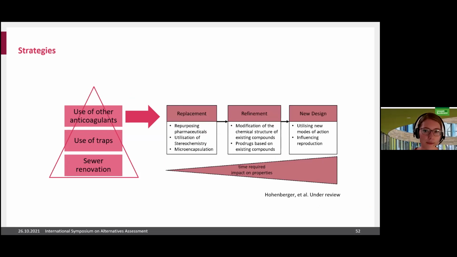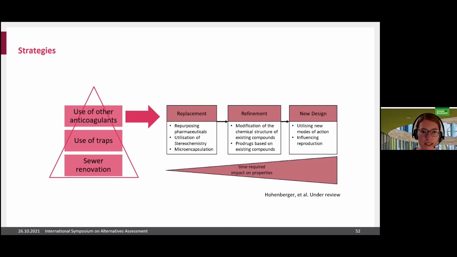Within this study, we focused on three different time scales to substitute the anticoagulant rodenticides. The least time that is needed is if we try to replace the anticoagulant rodenticides with chemicals we already know are working, and only change the way we use those chemicals.